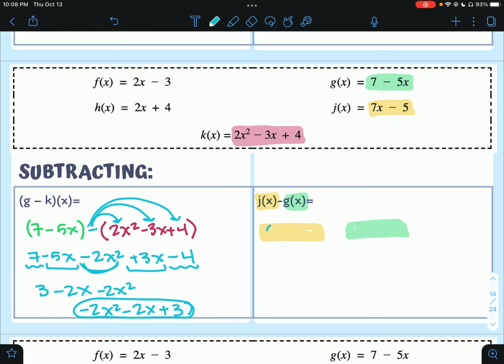So j of x would be that 7 minus 7x minus 5, minus g of x, which is 7 minus 5x. I now need to distribute 7x minus 5 minus 7 plus 5x. Combine our like terms, we get 12x and negative 12.